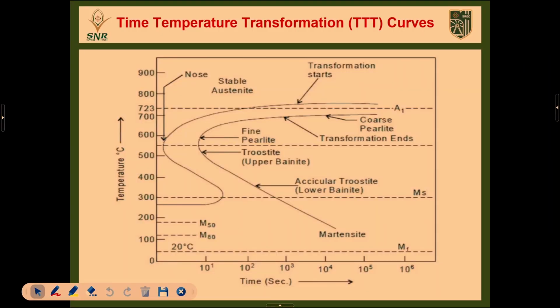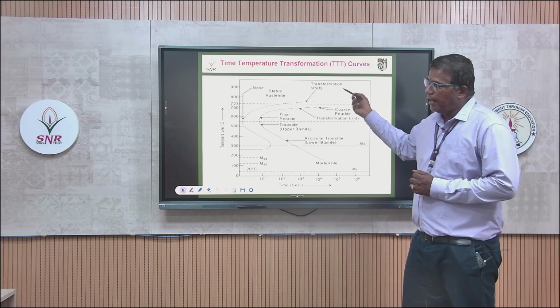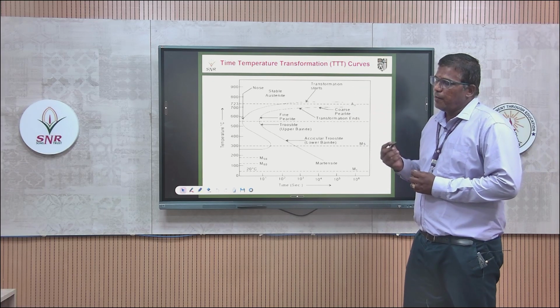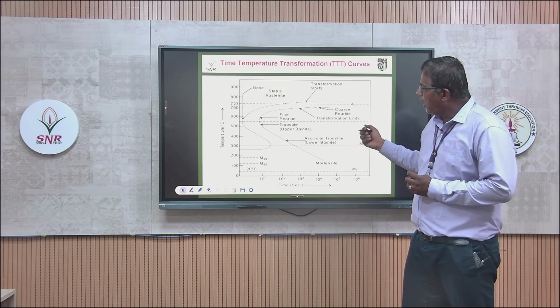The x-axis is time and the y-axis is temperature. The A1 line at 723 centigrade is where austenite is stable. Austenite transforms into microstructures: pearlite, bainite and martensite.